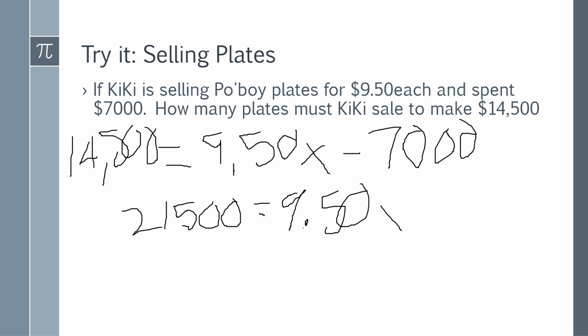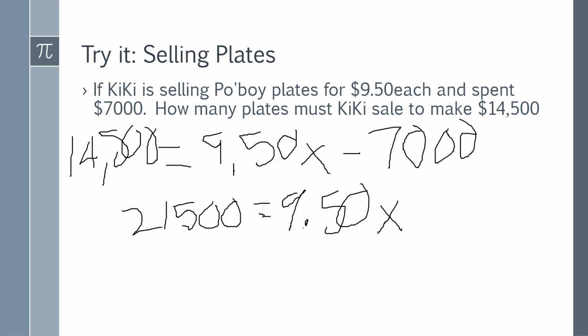Your objective is to get x by itself. That's what we're trying to do. Get x by itself. So to do that, why don't you divide that by $9.50?